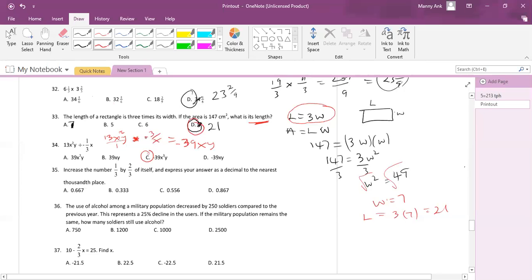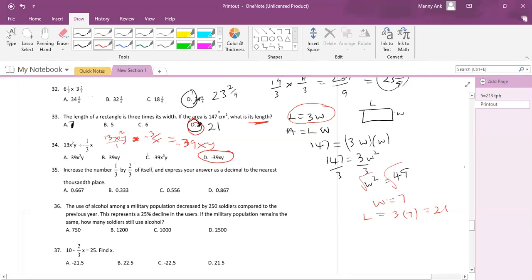No, hold on. Negative 39 is D. Is this one D? Answer is D.